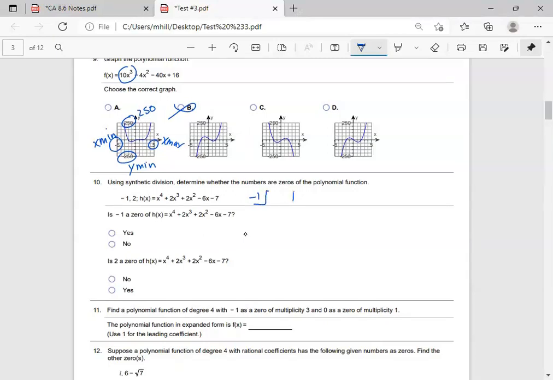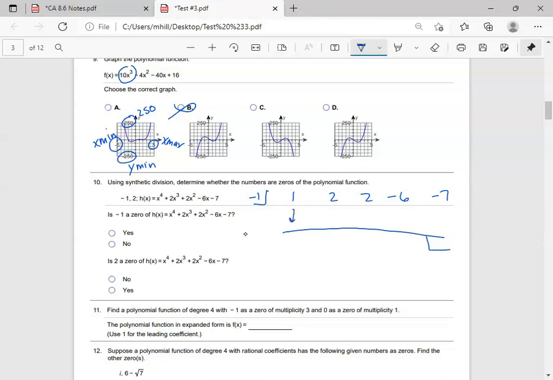So I wrote down -1 here. 1, 2x to the third, 2x squared, -6, -7. Remember that you have to have one of these things for each power of x. So if there wasn't an x squared, for instance, I would have to put 0 for that place.